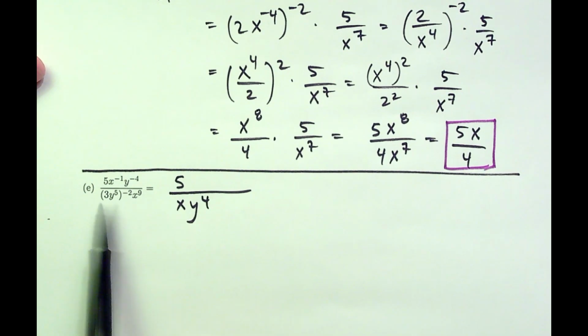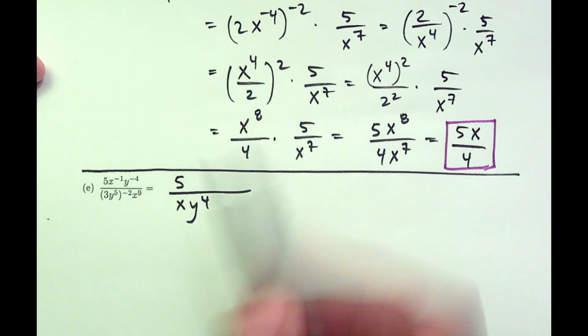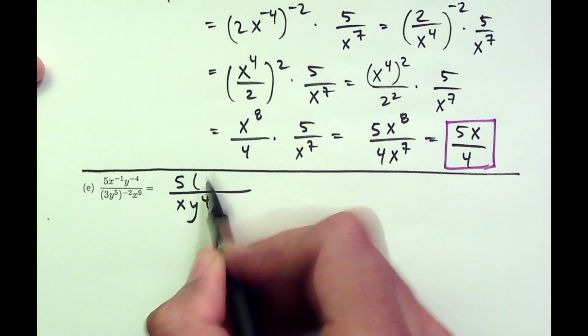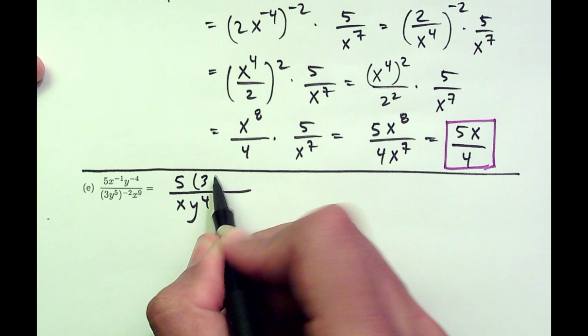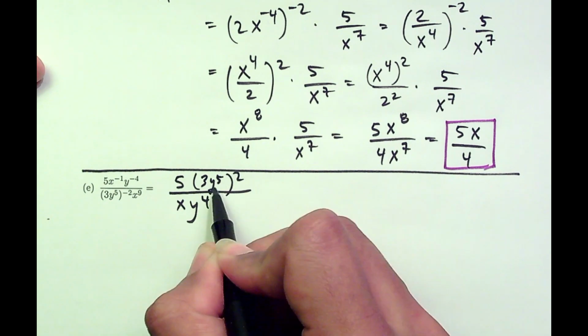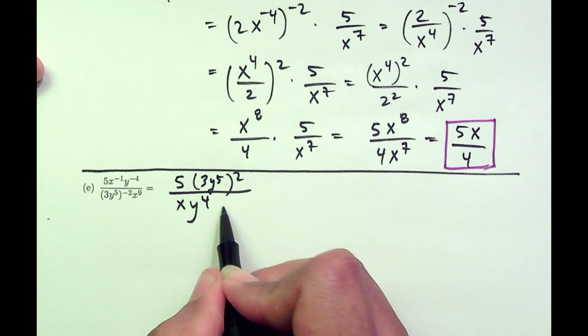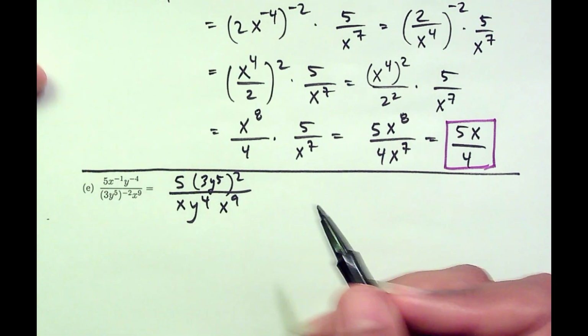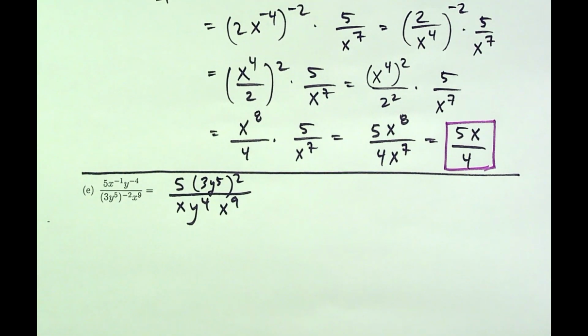Now let's go to the bottom. This whole thing moves to the top, the whole thing in the parentheses, because the whole thing in the parentheses has a negative exponent. So 3y to the fifth squared. And the x to the 9 doesn't go anywhere because the exponent is positive. Only the exponents that are negative trade places.